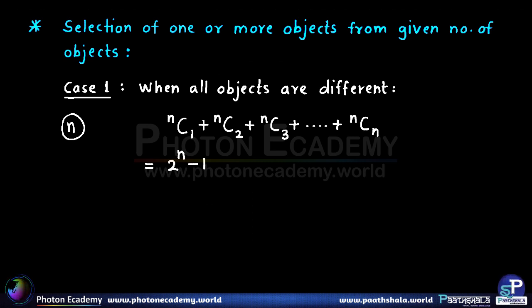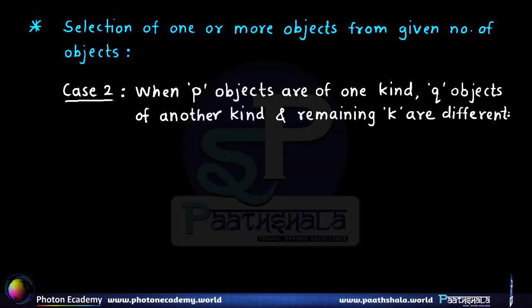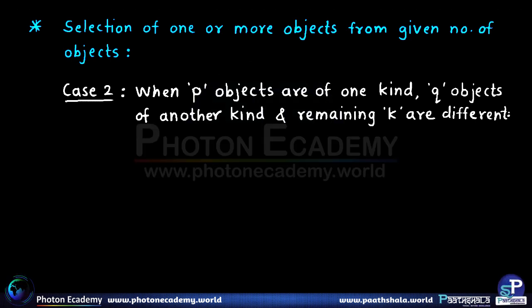Now let's go to the next case where it might be possible that, say, p objects are of one kind, that is p objects are identical to each other. Then q objects are different than the previous p objects, but the q objects themselves are again identical to each other, and so on. And it may happen that there are, say, k remaining objects which are different than each other.